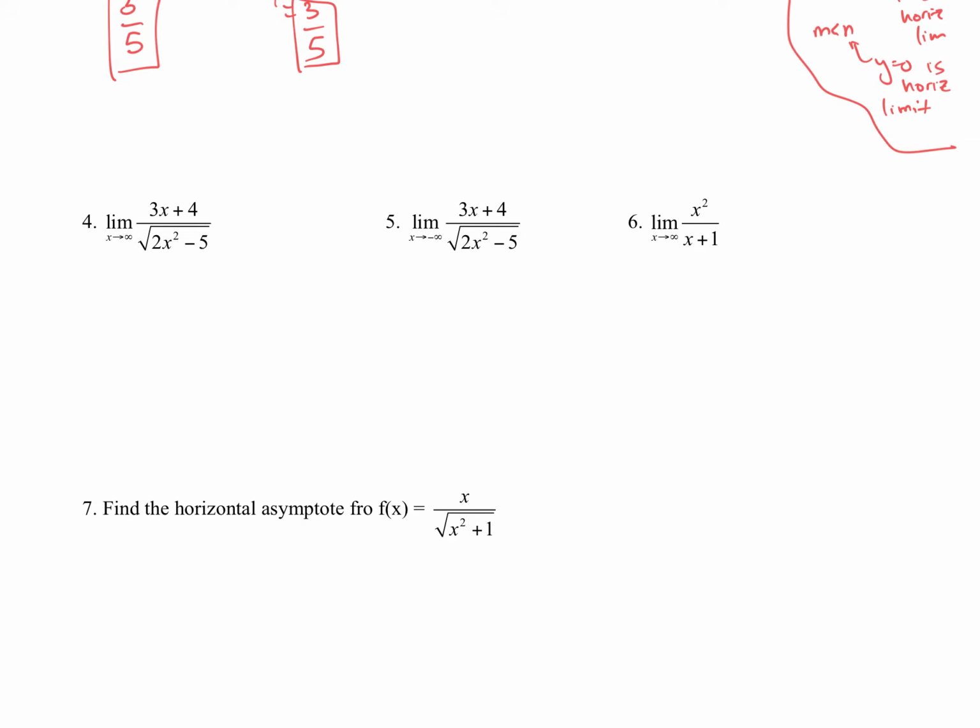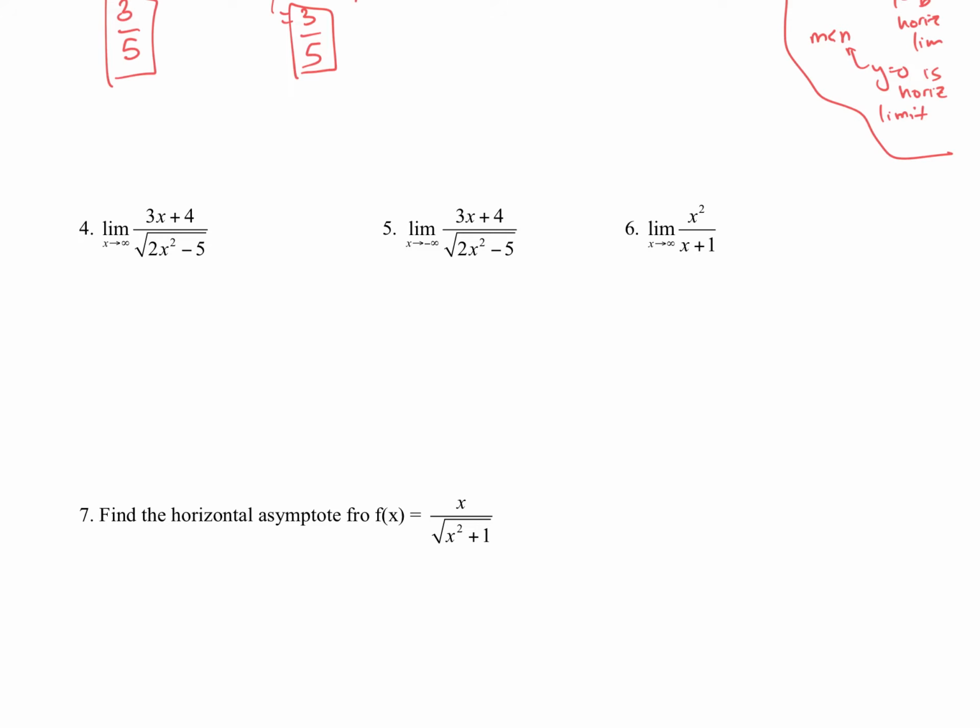On number 4, I have to do a little something different with this, but you can see it's almost kind of the same. Let me explain to you. If you were to do it the other method, you would be dividing the top and bottom by, in this case, 3x over the square root of x squared, plus the 4 over the square root of x squared, etc. Well, you don't really need to do that because we can recognize that we're just looking at the highest powers.